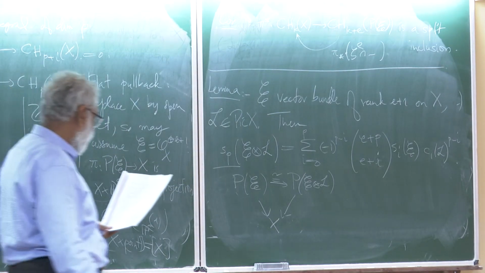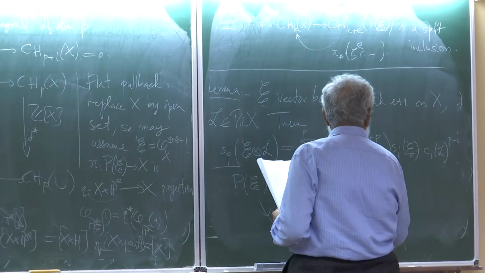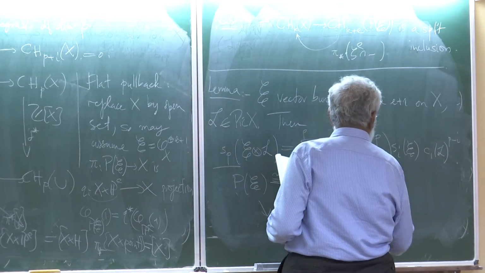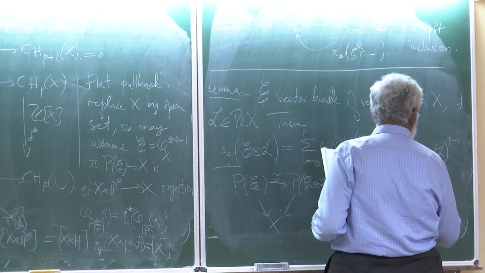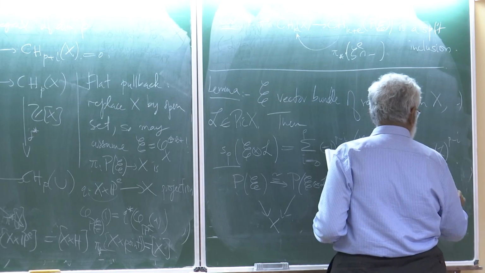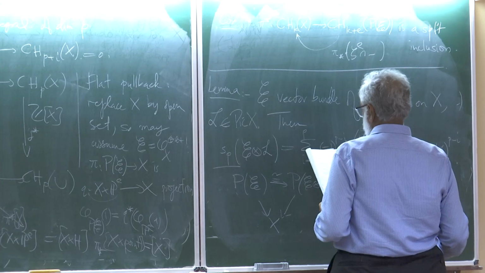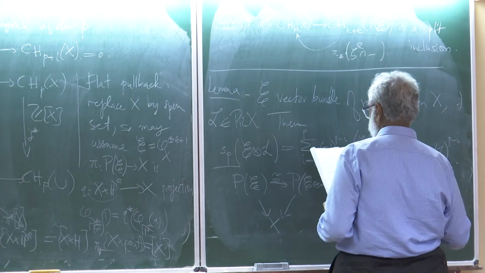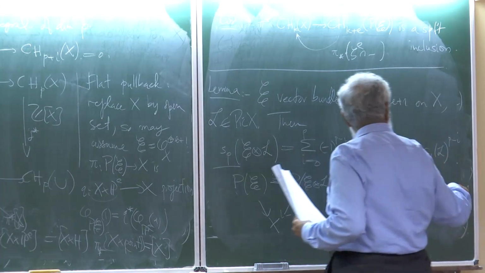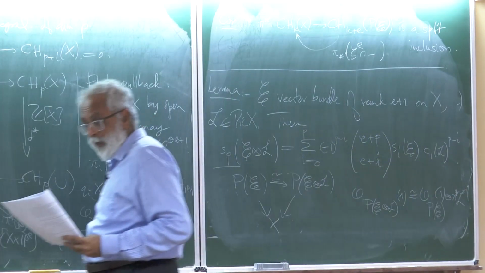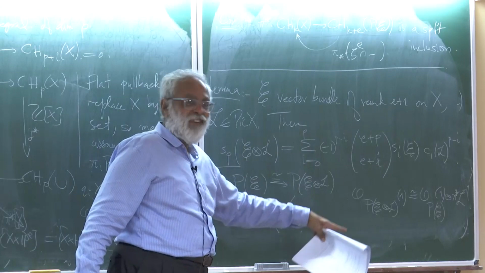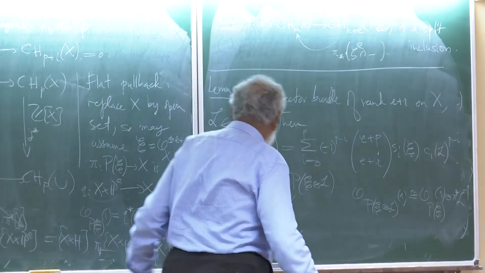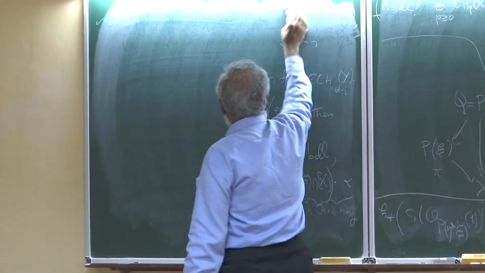The relation is O_{P(E tensor L)}(1) is isomorphic to O_{P(E)}(1) tensor pi upper star L inverse. By the way, in my notes, here I have not put the exponent minus 1. But later in the calculation, the minus appears. As, I mean, there are minuses here, right? So that's a typo in the notes. It's an inverse. Let's just check, it's a routine calculation.